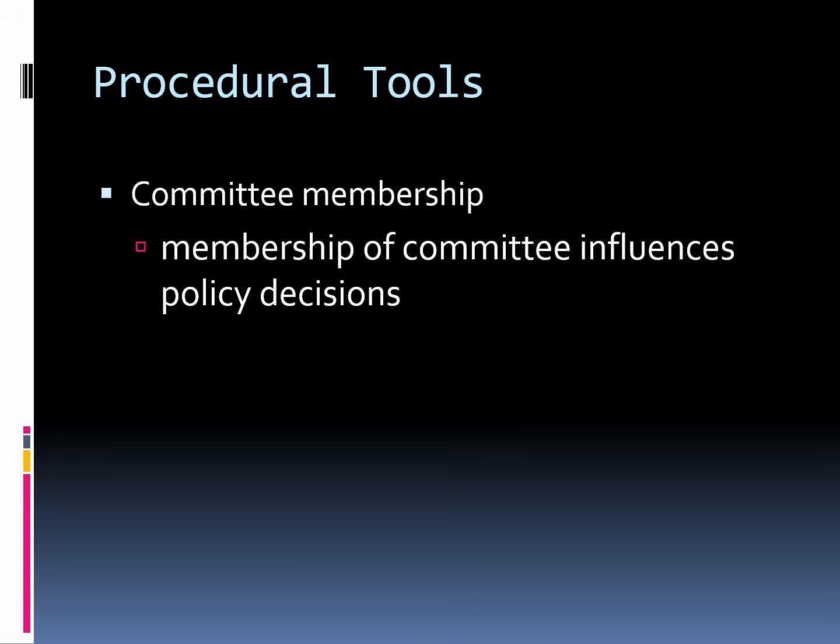It influences policy decisions, whether they're going to be more conservative or more liberal, because each substantive issue area has at least two ways to look at it. One's more conservative and one's more liberal. So it depends on who's sitting on that committee. That's the way that those laws are going to be reported out and how the legislators are going to vote them in.